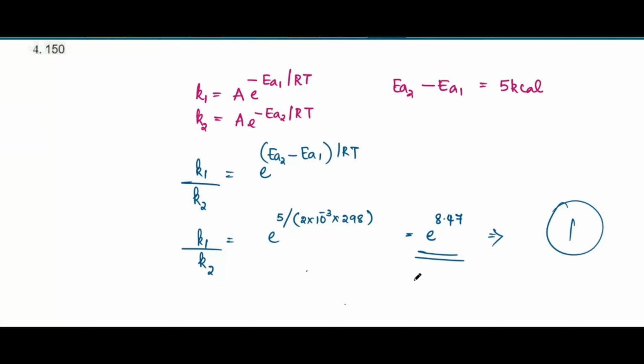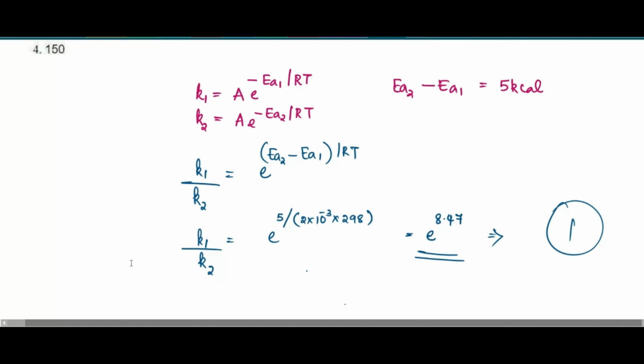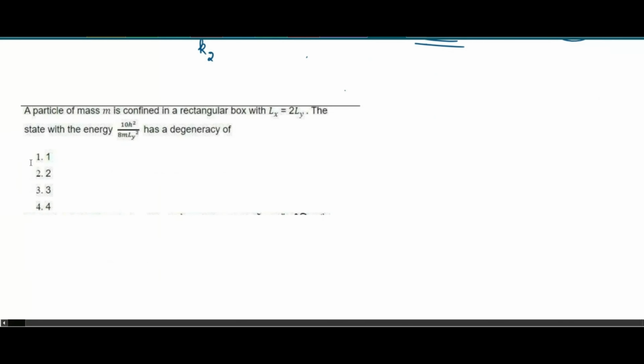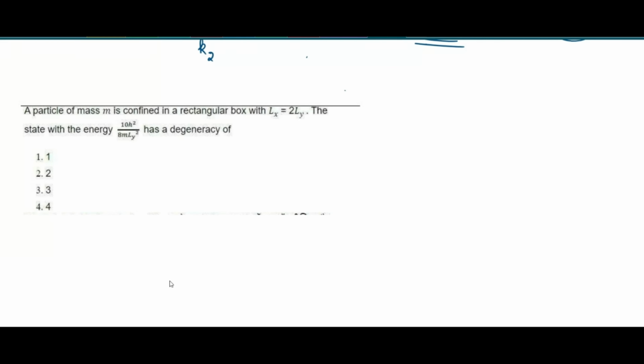Just a second there. Okay, let's do a question from quantum. Oh, what is the question? A particle of mass m is confined in a rectangular box with Lx equal to 2Ly.